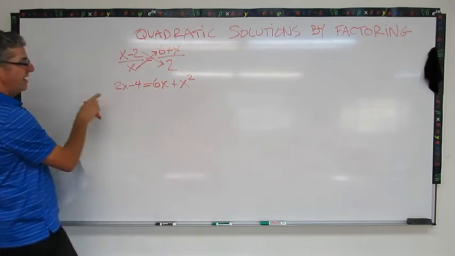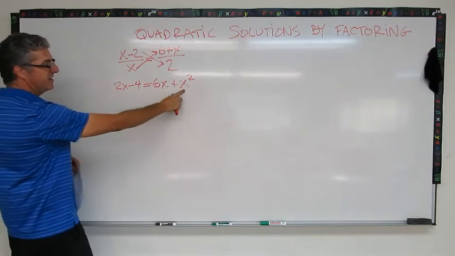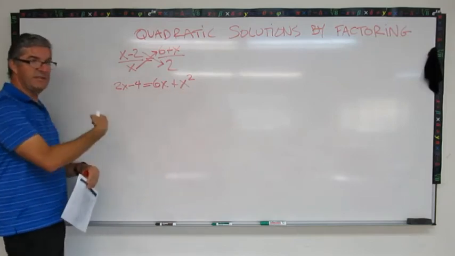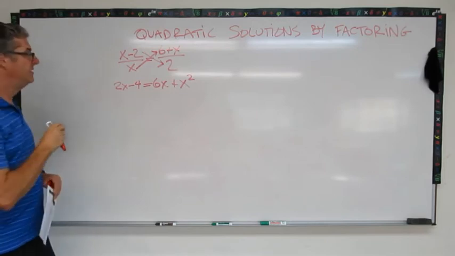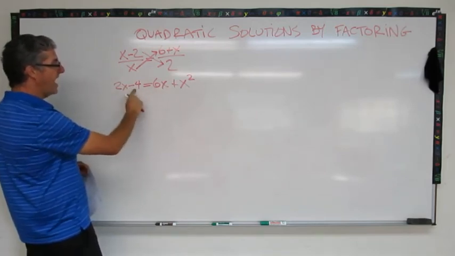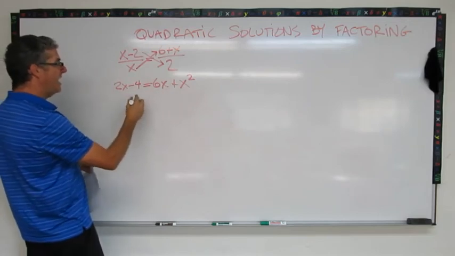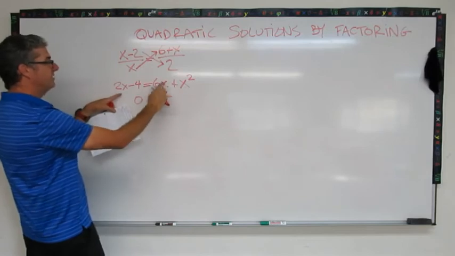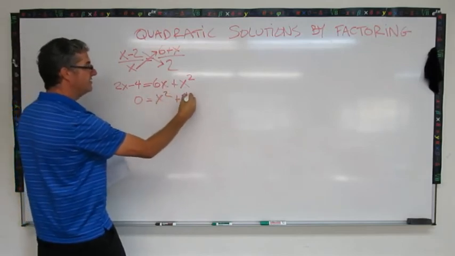I'm going to move everything over to that side because I like my squared term to be positive. You could do it the other way, but then you're going to want to multiply by -1. So let's do that. I'm going to subtract 2x from each side, and I'm going to add 4. So I have 0 equals x squared. Subtract the 2x gives me plus 4x.